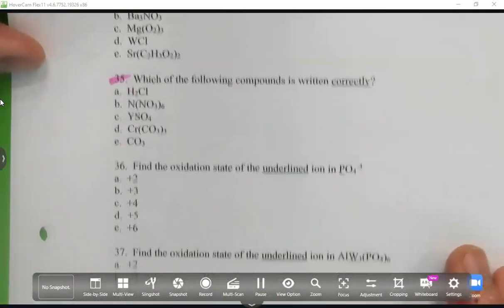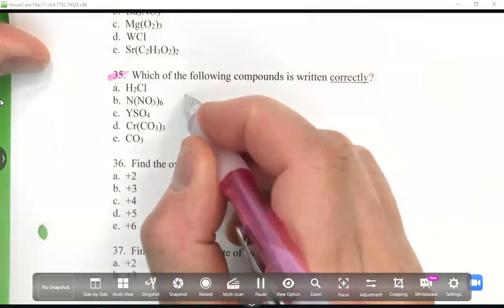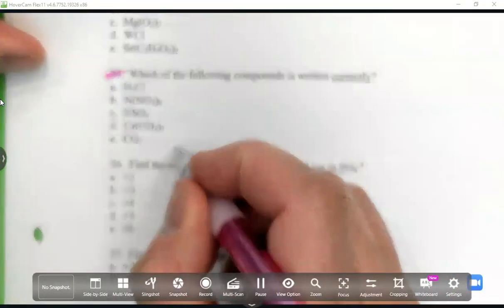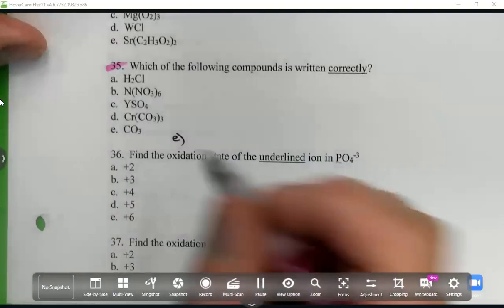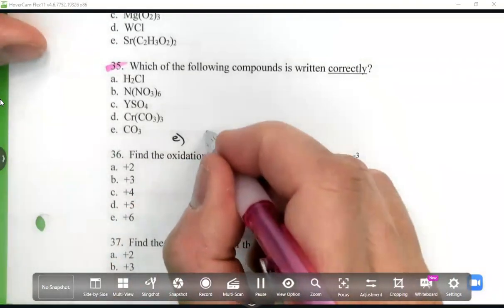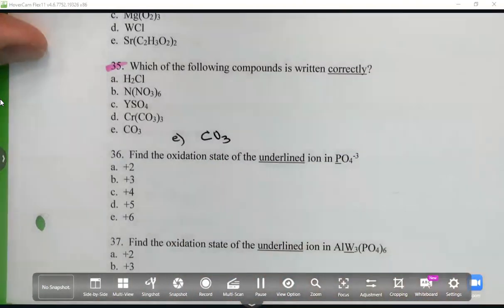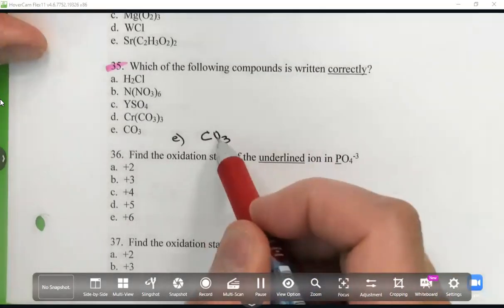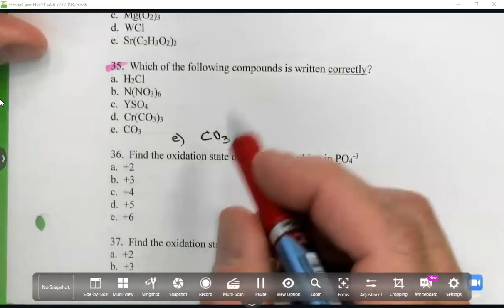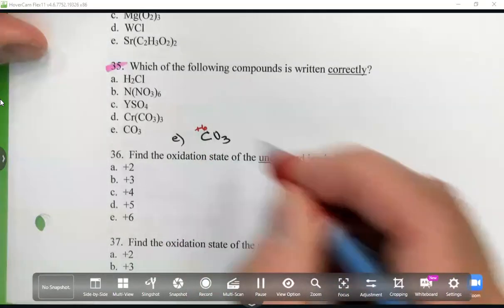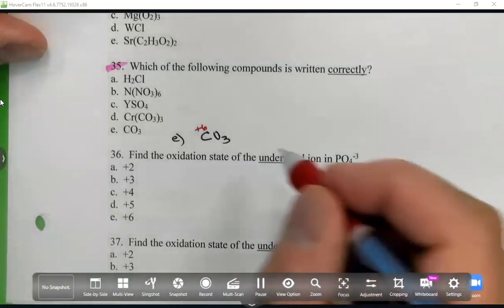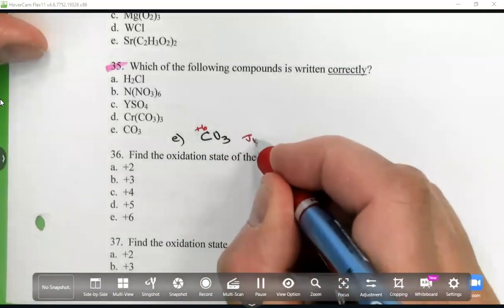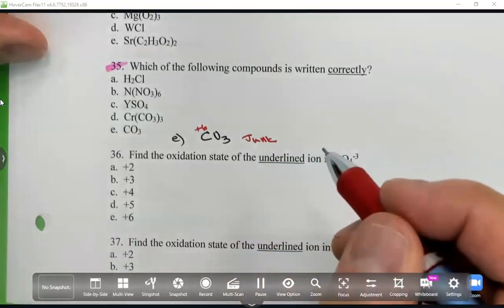35. Somebody wants to do 35. Let's do that. So in A, well, we'll do it in reverse order again. If you have CO3, you assume this is oxide, that would give you a +6 carbon, right? And there's no +6 carbon, so that's garbage.